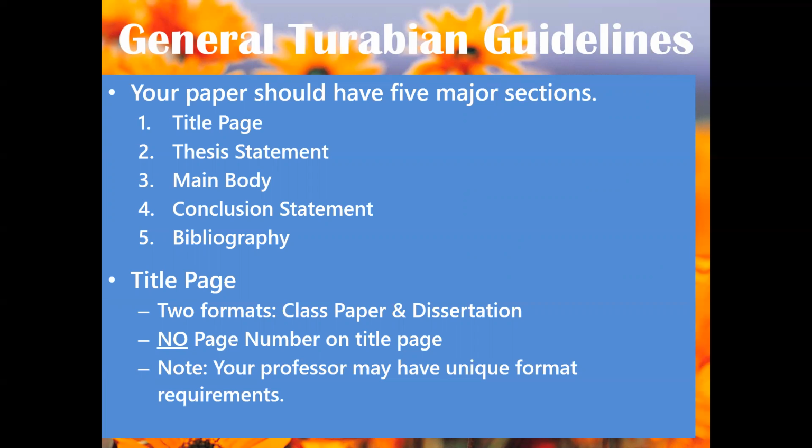There are the title page classed into two classifications: the class paper and dissertation. The dissertation usually requires a lot more information than the class paper, and there may be additional requirements that a professor may require for this kind of format.